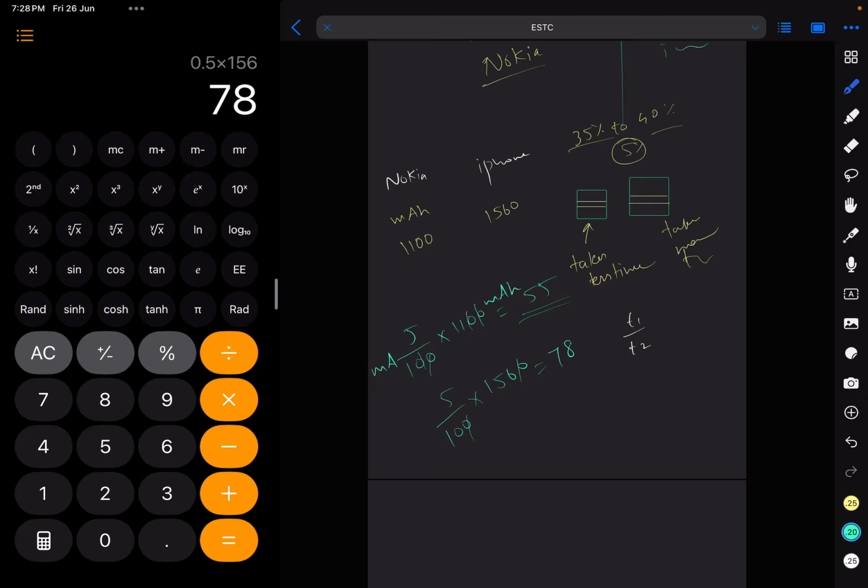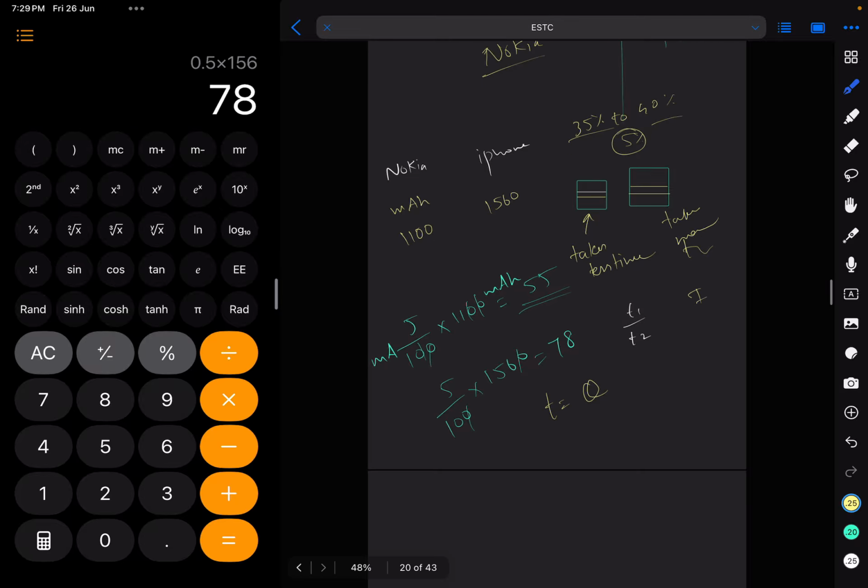Time is charge by current, and they're saying same charging source, so we can assume the same current.